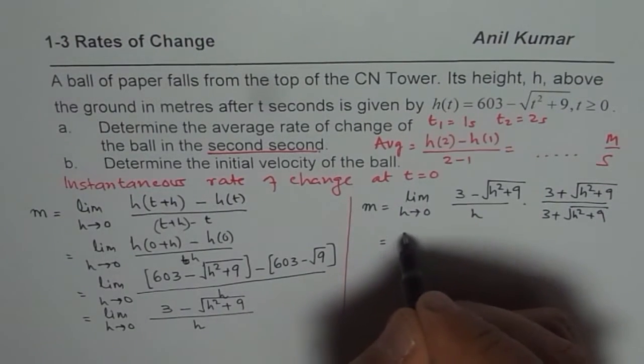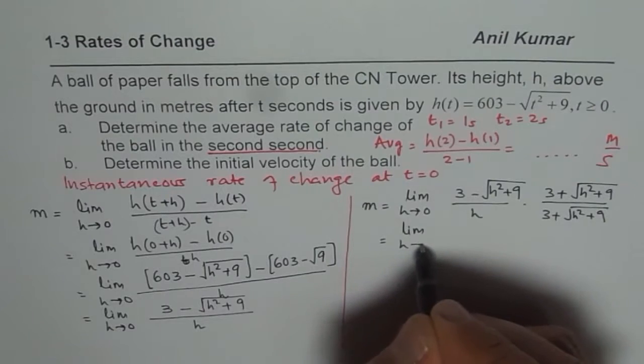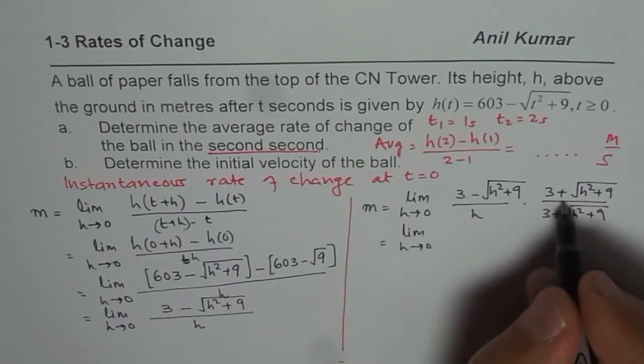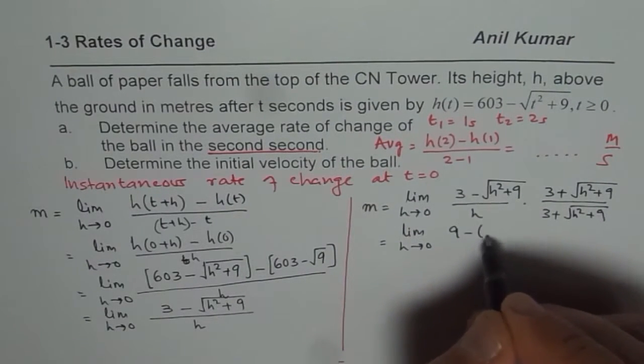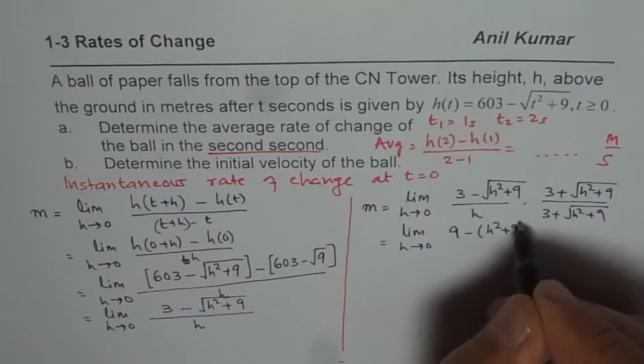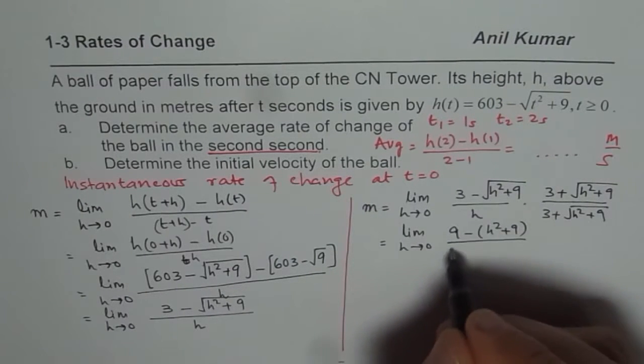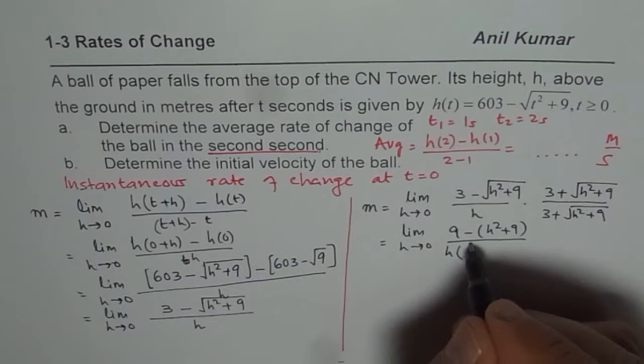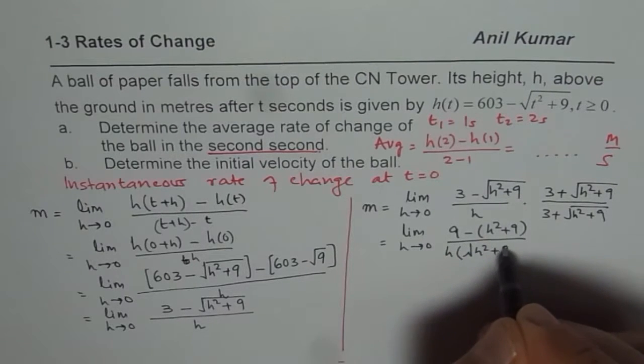So when you do that, what do you get? You get a² minus b², that means 9 minus (h² + 9), divided by h times √(h² + 9).